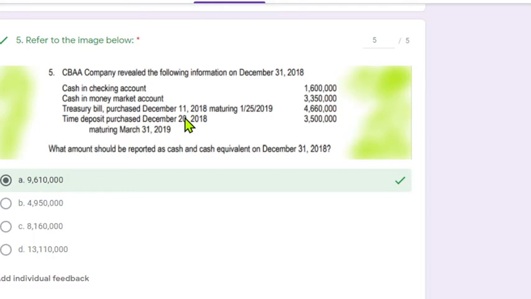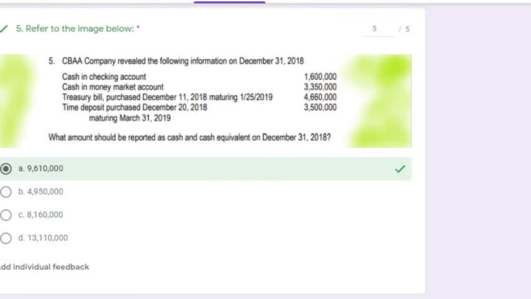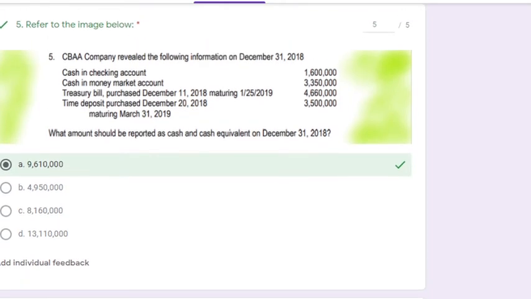So, ibig sabihin, itong time deposit na 3.5 million ay hindi na yan dapat kasali. So, ang kasali lang, yung 1.6, yung 3.35 million, at 4.66 million. Itong tatlo sa taas. So, pag tinotal mo yan, the answer is letter A, 9,610,000. That is for 5 points.